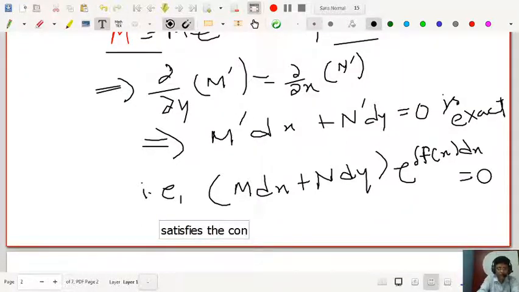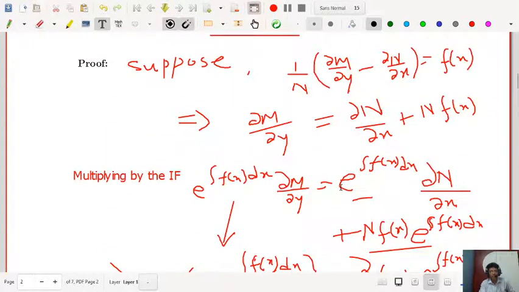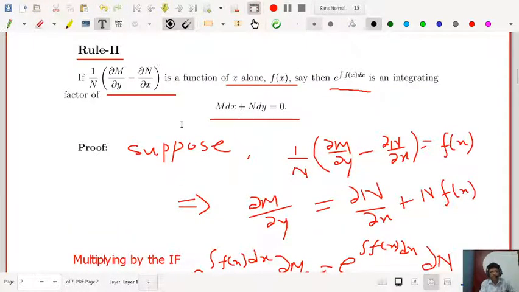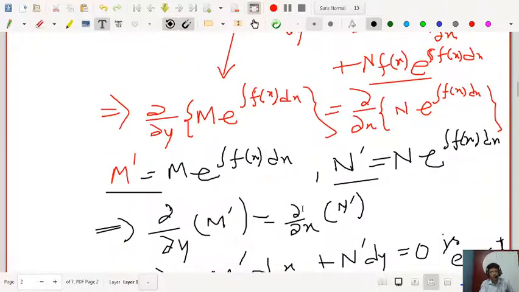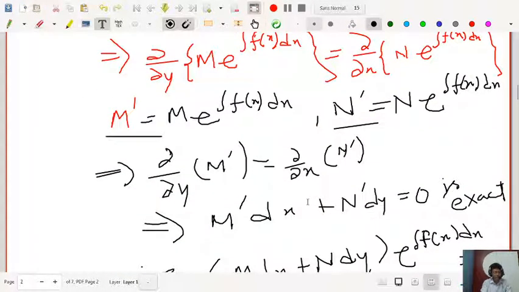So we prove that e to the power integration f(x) dx is an integrating factor of this M dx plus N dy equal to 0. So this is the proof, very simple proof. Now let us have some application on that.